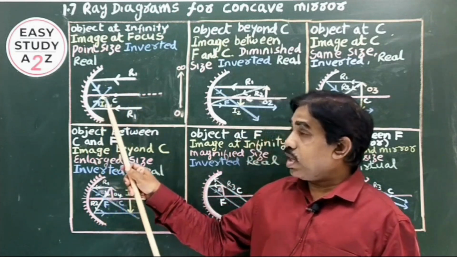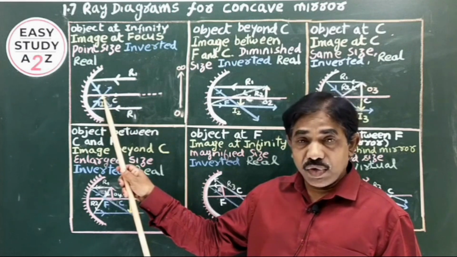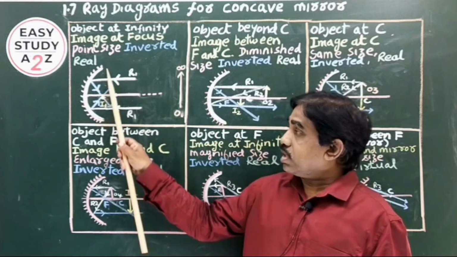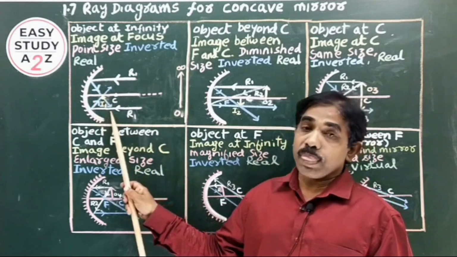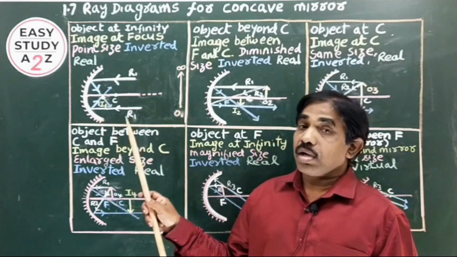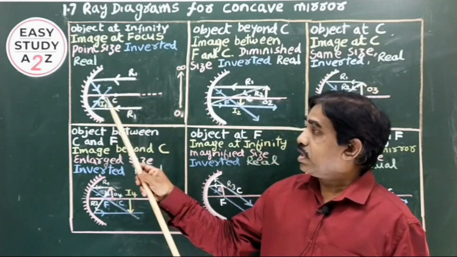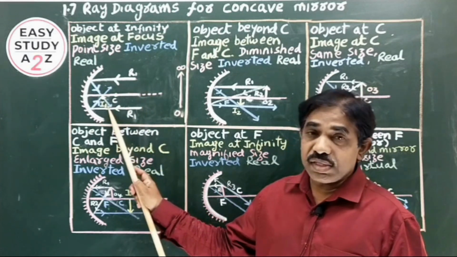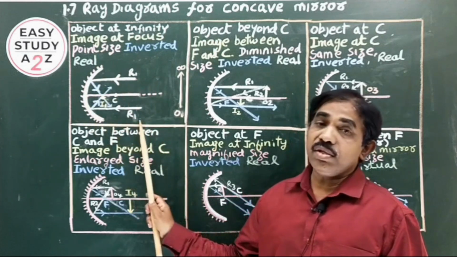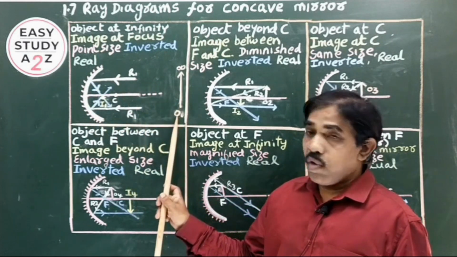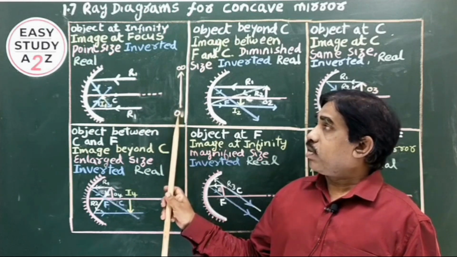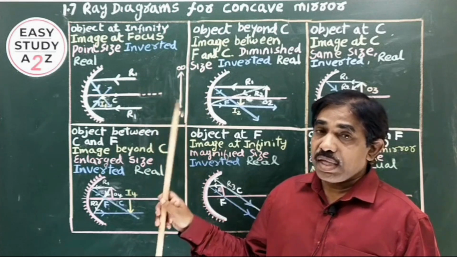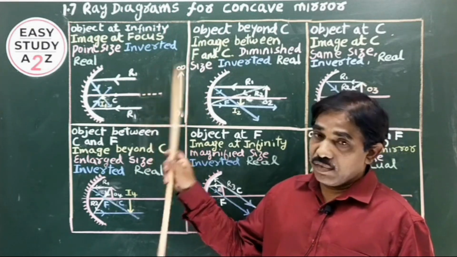The image is point size, inverted, and real. The image is real because it is formed in front of the mirror, and it can be caught on the screen. Here I1 means image 1 and O1 means object 1 related to the first diagram. This diagram is entirely based on rule 1, that is ray 1.